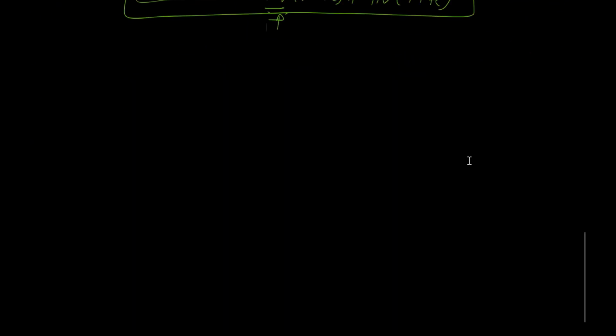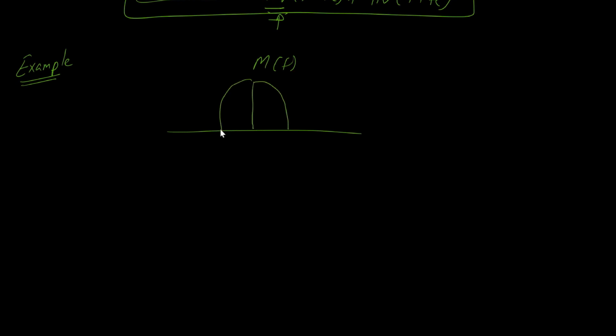So let us take one example just to understand what is going on in here. Say we have a message signal M of f, and this message signal has a bandwidth of 6 kilohertz. Then we have a vestigial filter, and we call it H_v of f.